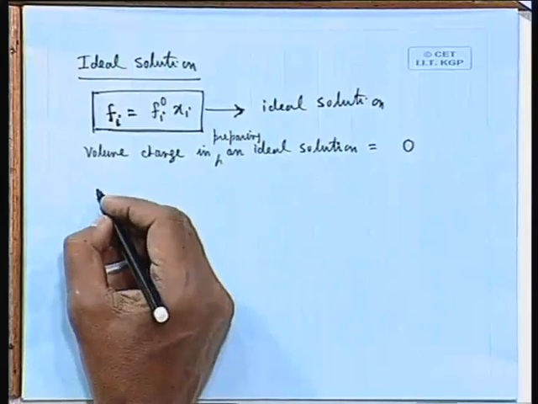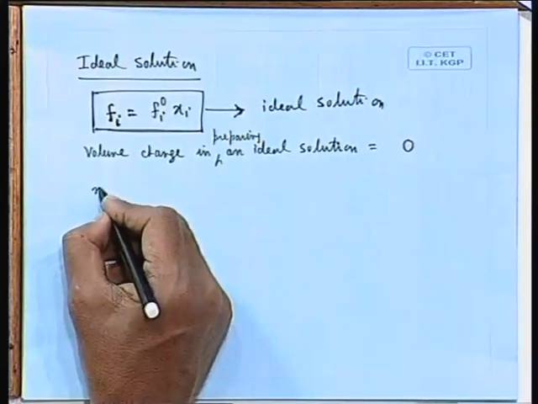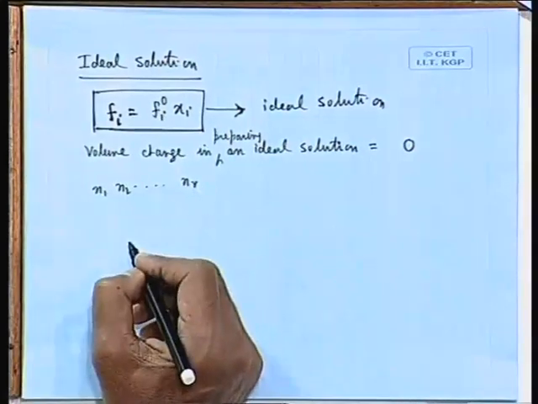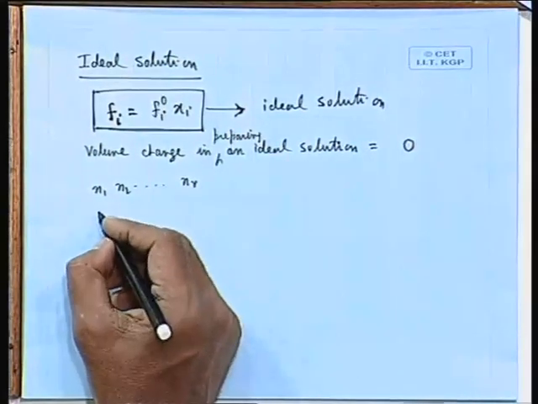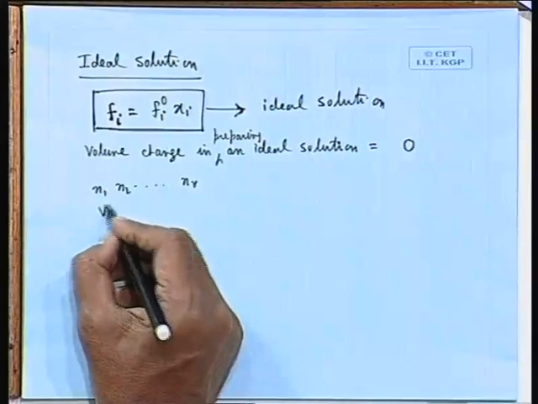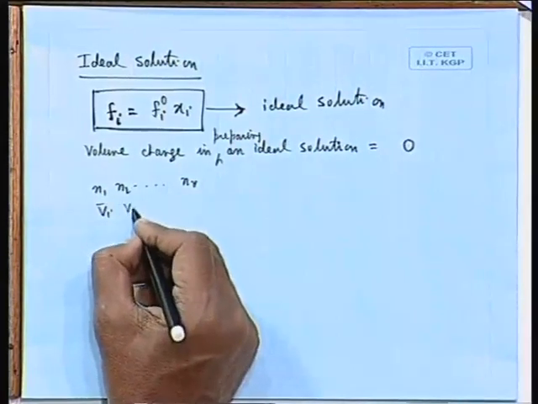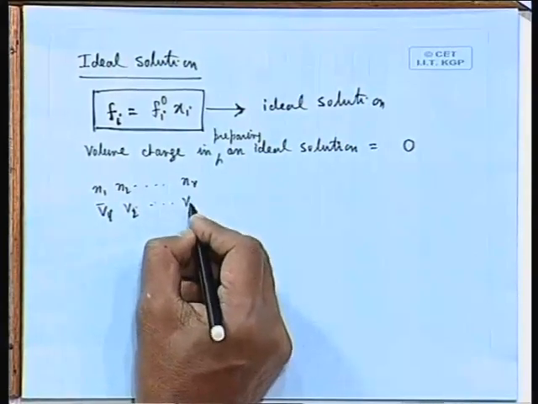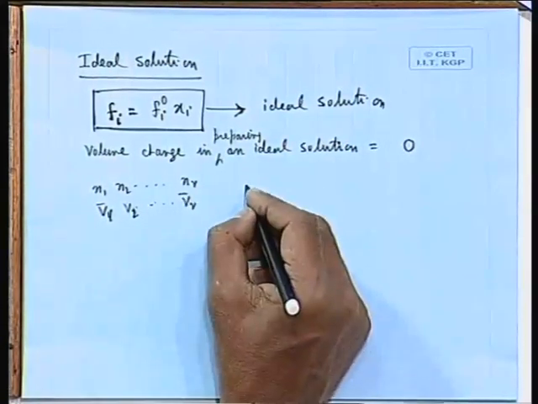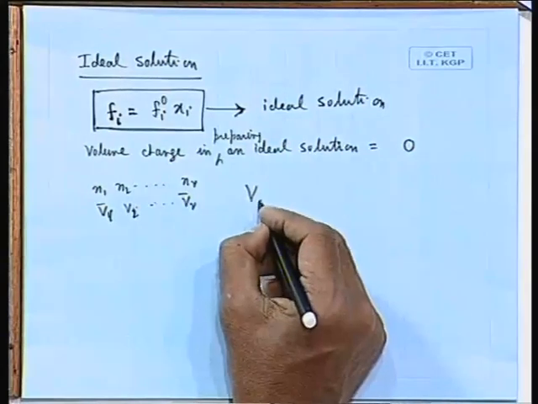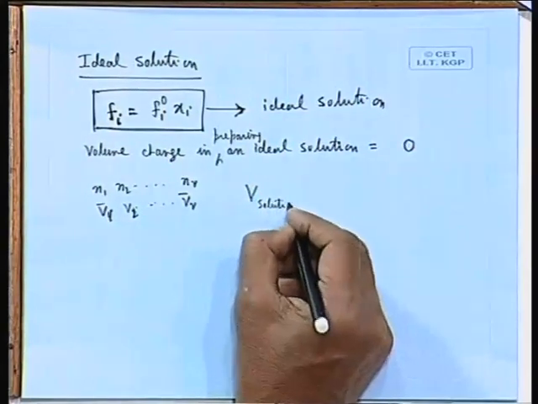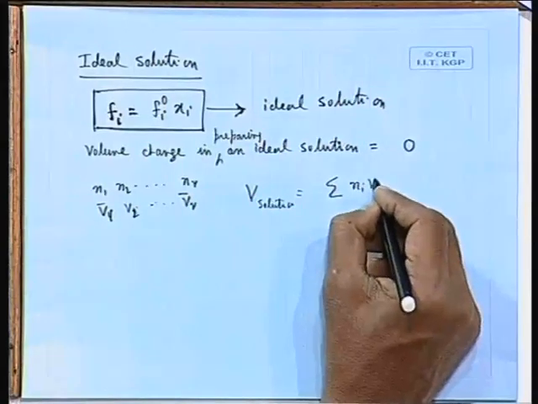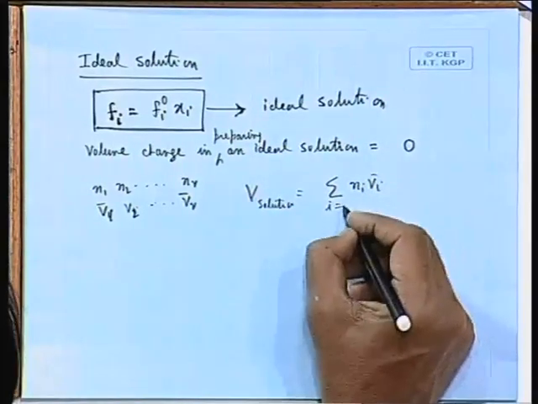Let us consider an ideal solution made up of N1, N2, like that r number of components, and each has a partial molar volume in the solution, that means in the mixture, as V1, V2 dot dot dot Vr. So therefore the total volume of the solution V is equal to the sum of Ni Vi bar, i goes from 1 to r.